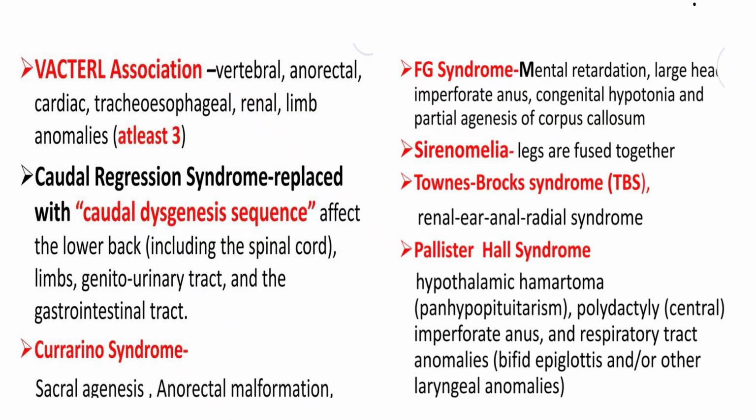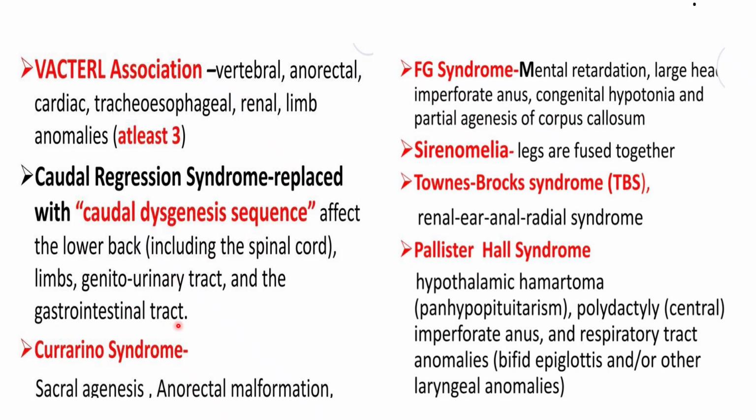They can also be VACTERL association, in which at least three of the vertebral, anorectal, cardiac, tracheoesophageal, renal, limb anomalies should be there. They can be associated with caudal regression syndrome, which is also called caudal dysgenesis sequence. It affects the lower back, limbs, genitourinary tract and the gastrointestinal tract.